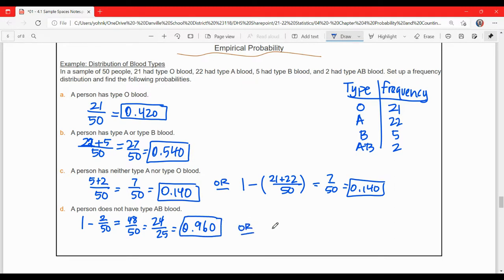Or I could have done all the ones that are not AB. So 21 plus 22 plus 5 over 50. That gives you 48 over 50, which gives you the same thing as before. So however your brain thinks about it is how you should do it.